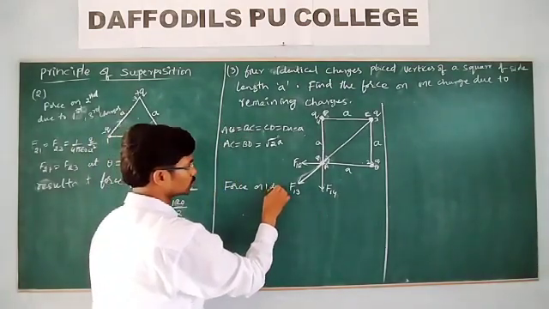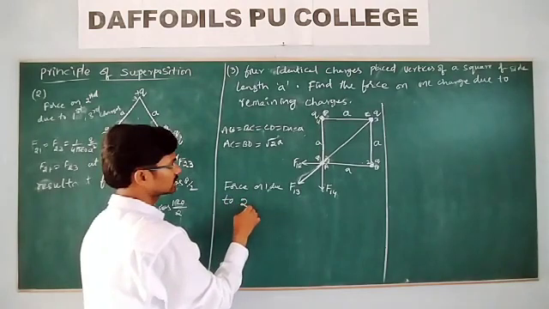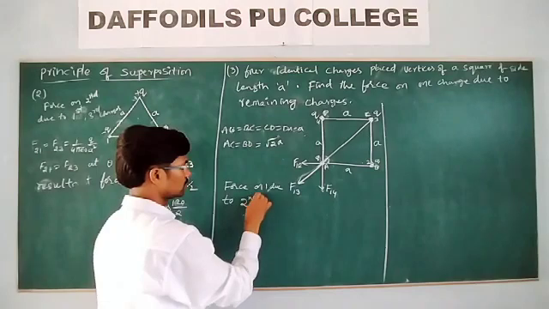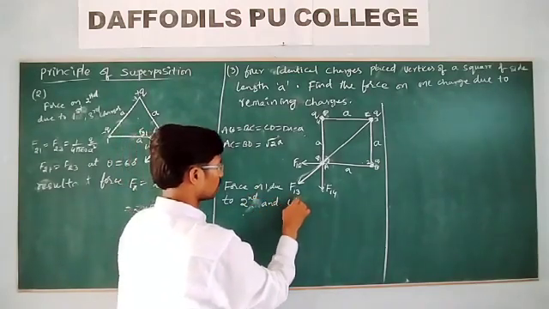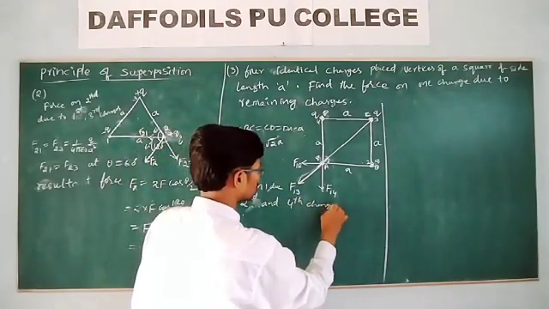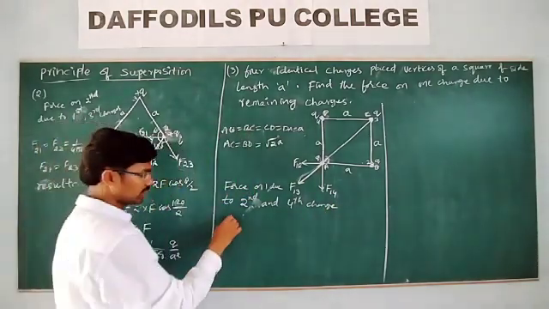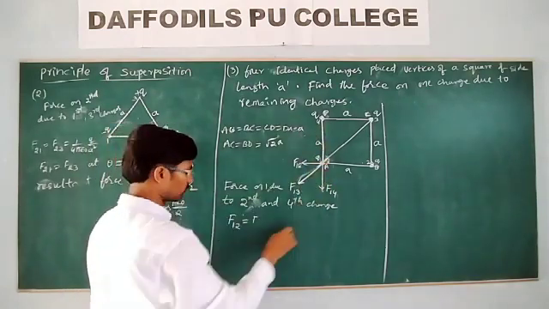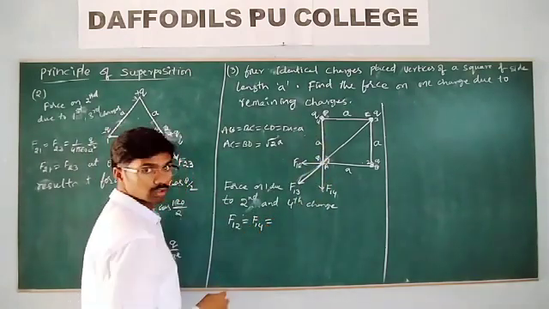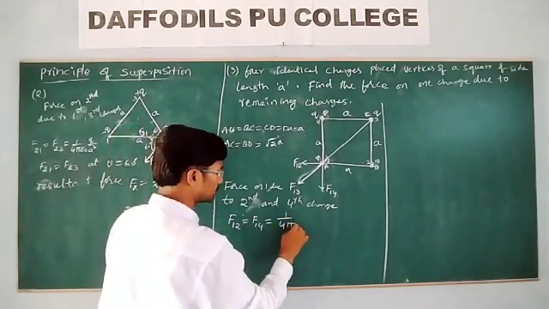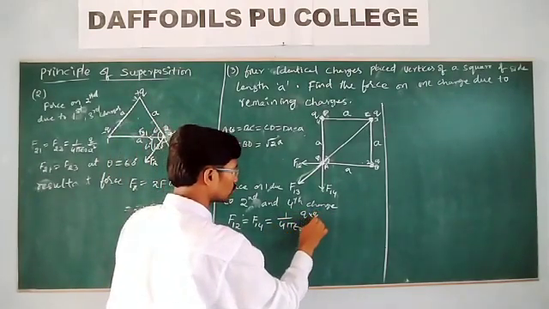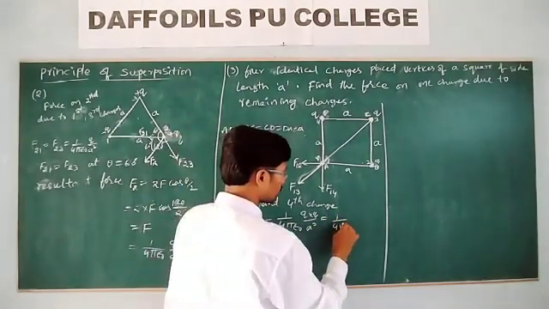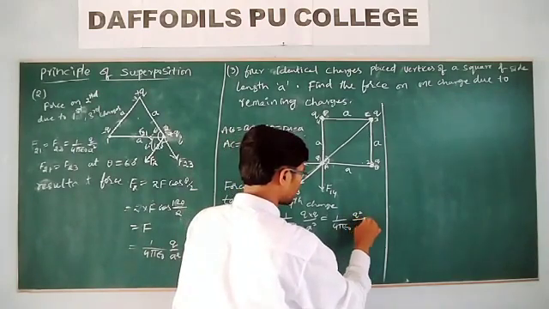F12 is equal to F14, which is equal to 1 by 4 pi epsilon naught Q into Q by A square. Then what you get here is 1 by 4 pi epsilon naught Q square by A square.